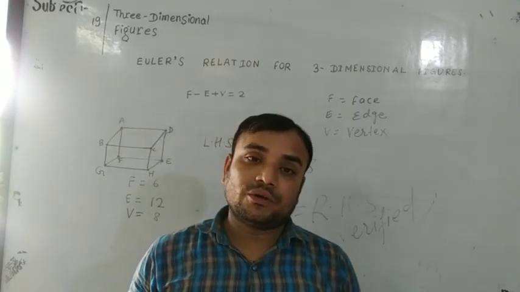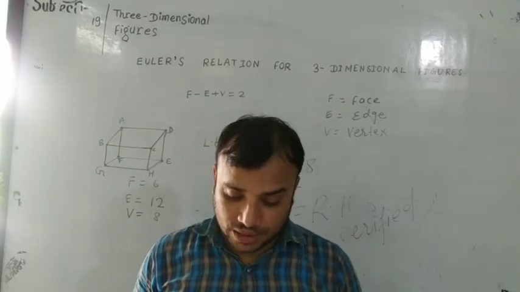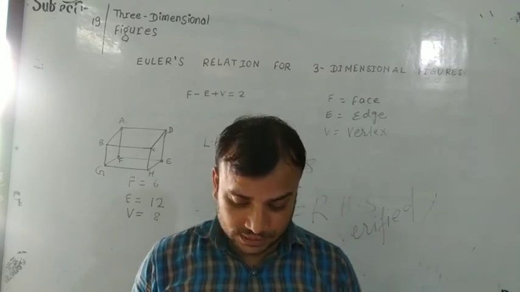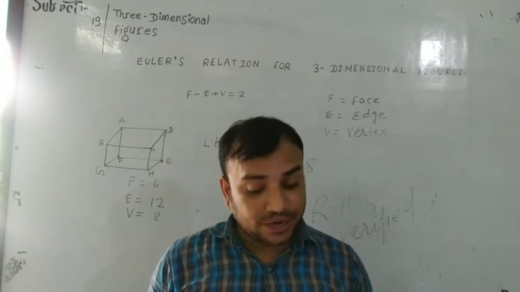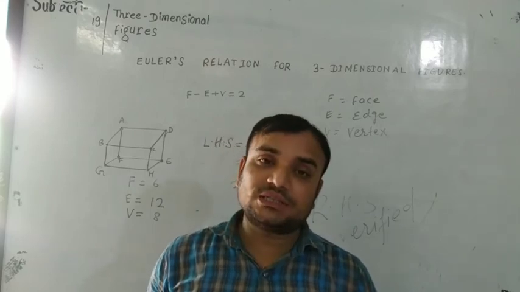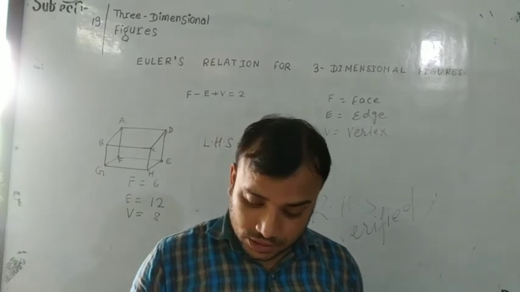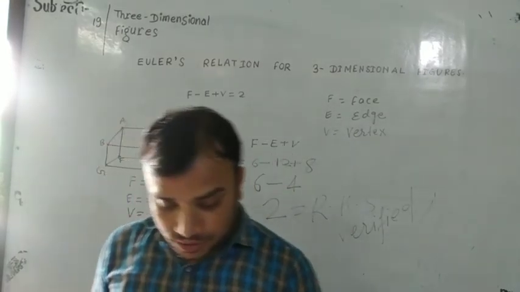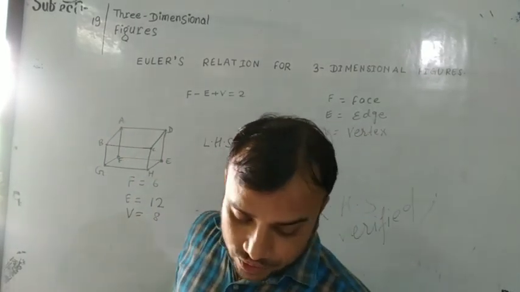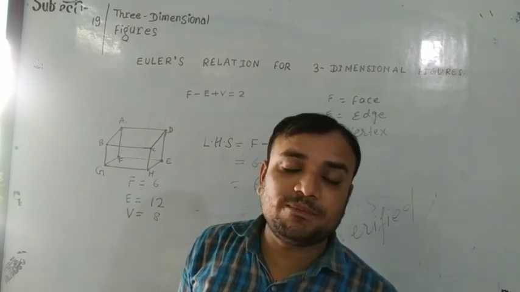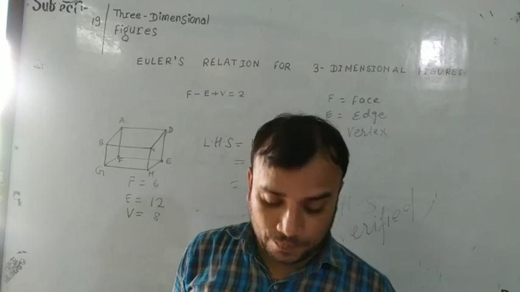In this prism, the number of faces is 7 because there are 2 pentagon faces and 5 rectangular faces. The number of edges is 15 and the number of vertices is 10. So verify the given relations by Euler formula F minus E plus V equal to 2.